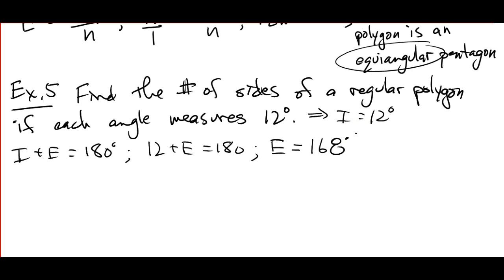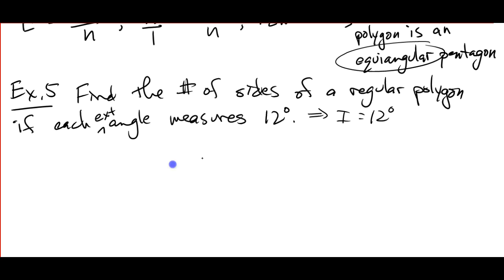That's each, something's not right here. If each, sorry, this should be exterior. Sorry about that. Alright, so all of this is wrong. I just missed that word exterior in my notes here.